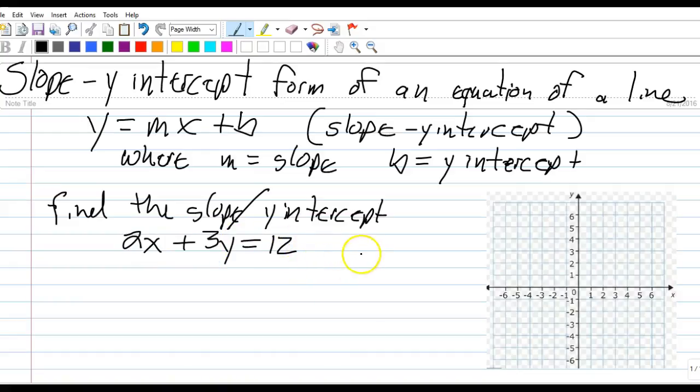Now, what I need to do is transpose this equation so that it is in the form y is equal to mx plus b. So what does that mean? That means I need to solve for y.